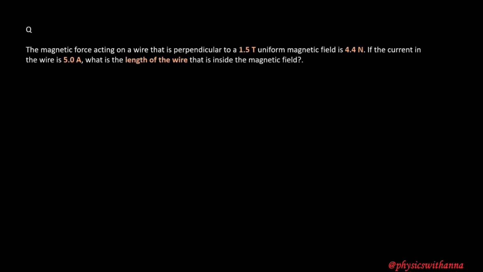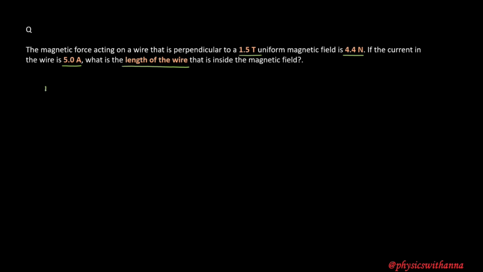Now let's look at some problems where you will have to rearrange the terms. So here you have magnetic force acting on a wire that is perpendicular to a 1.5 Tesla uniform magnetic field, and the force is 4.4 Newton. If the current in the wire is 5 ampere, what is the length of the wire that is inside the magnetic field?